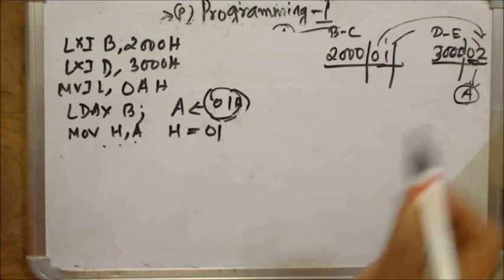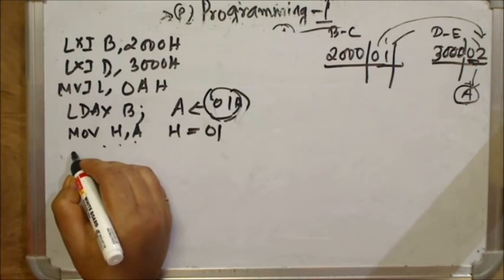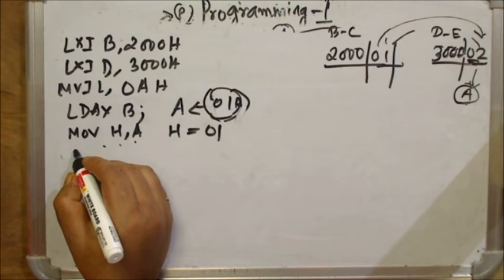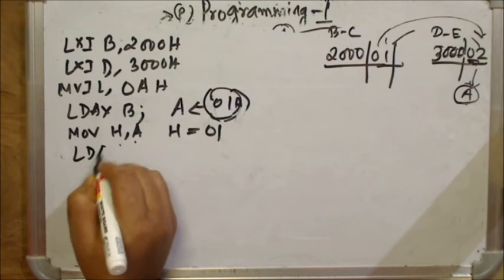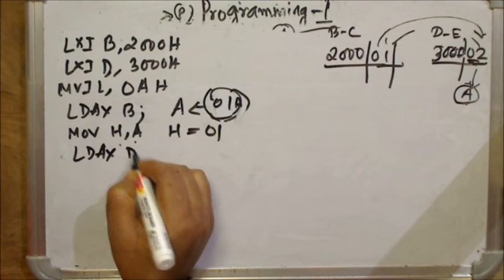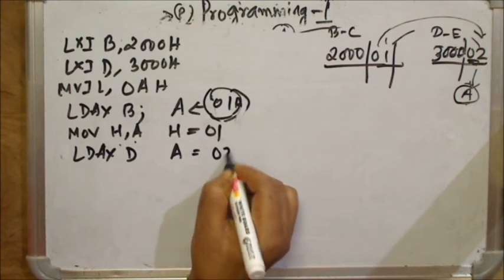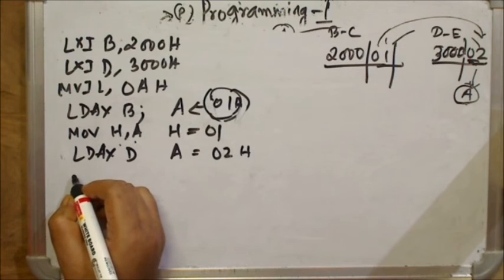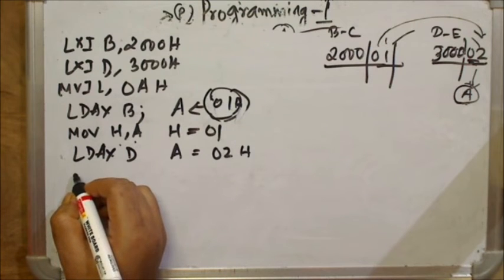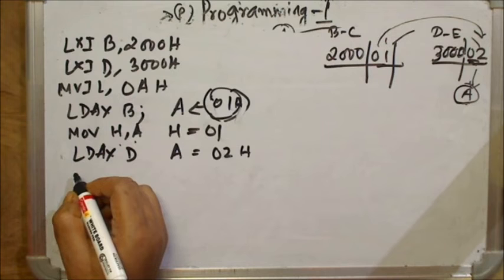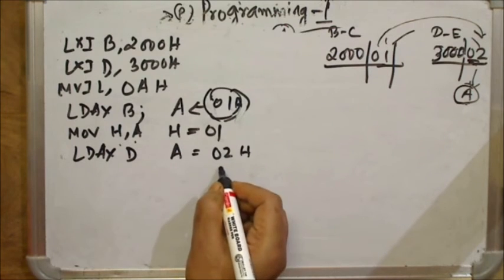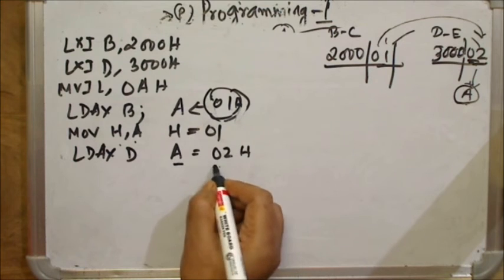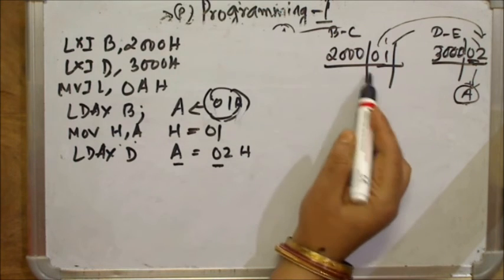What will be the next instruction? LDAX D. So A is now holding 02H. Then take this data from A into the memory location pointed by BC pair.